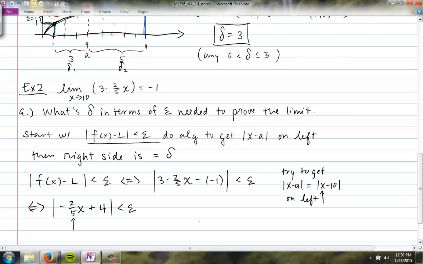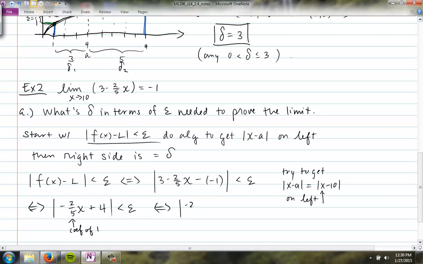So the algebra here, we have to deal with that absolute value business, but it's actually not too bad. What we're going to try to do is get rid of that negative 2/5 by factoring it out and dividing by it to get it on the other side. In other words, get a coefficient of 1 here. There are different ways to do this, but I think the way that works best for most people is to do a little prep work.